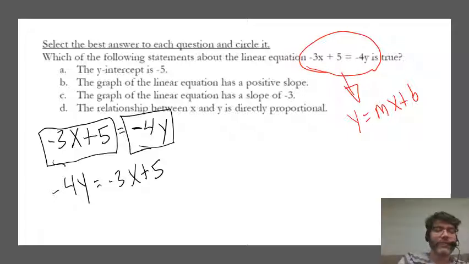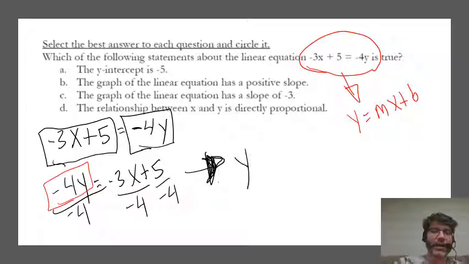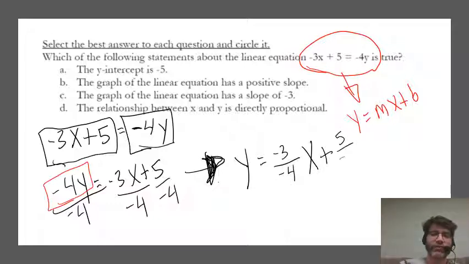Okay, now I have this negative 4 that's tagging on to this y. Okay, I need to get rid of that negative 4. How do I do that? Let's divide everything by negative 4. So every term on both sides we're going to divide by. Okay, so now we're left with y equals negative 3 over negative 4x plus 5 over negative 4.